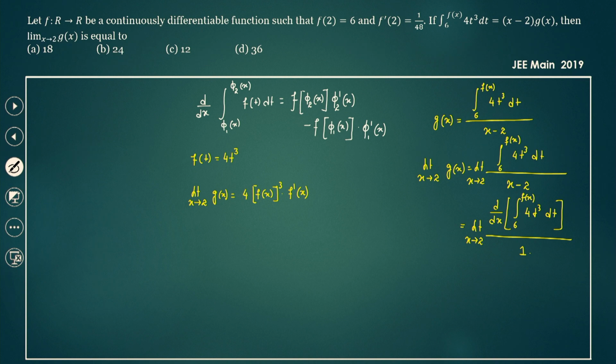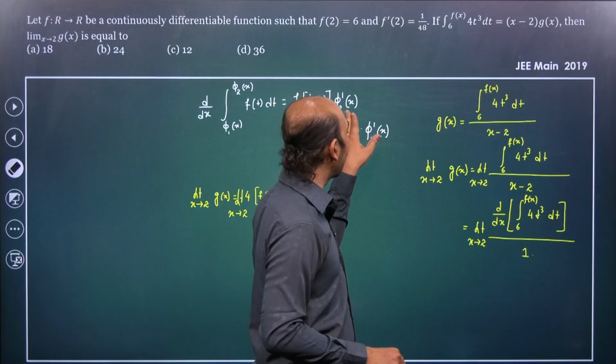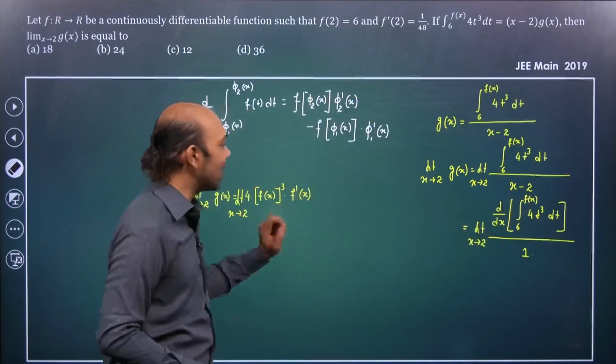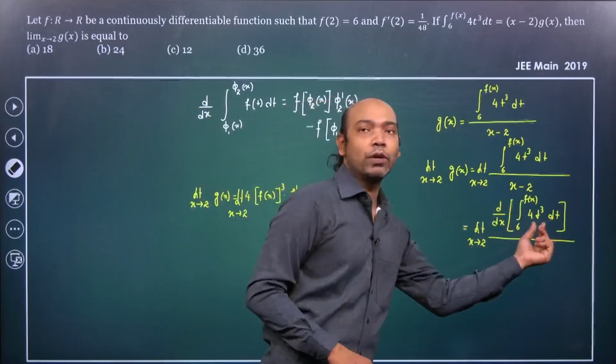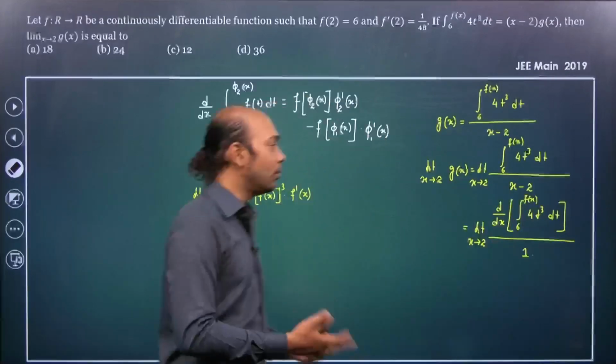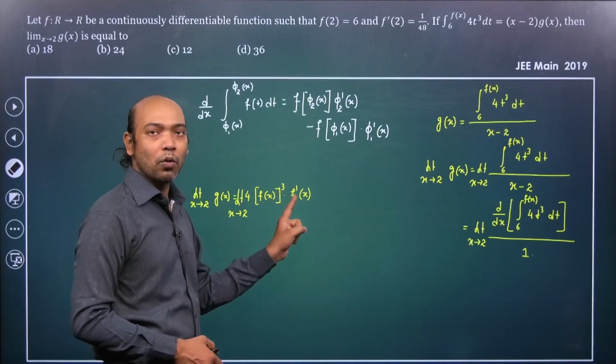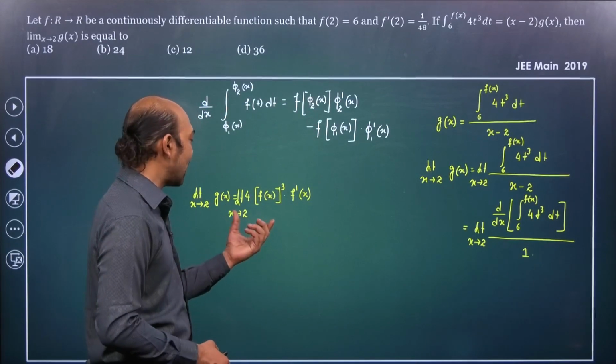To remove the confusion, because I used f(t) here and f(x) is also present, I removed that line. Phi 2(x) is equal to f(x), so I write f dash x, and the function 4t cube needs to be calculated at the point phi 2(x), so I write f(x) whole cube. So this is my limit.